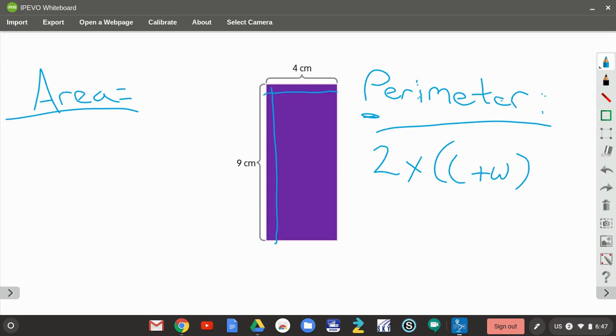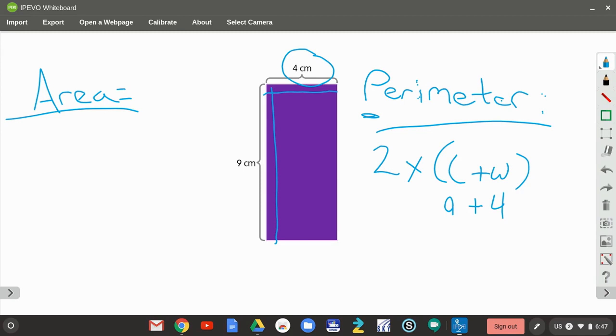There's a couple different ways we could do this. If I'm trying to find the perimeter, my length in this case is 9 centimeters and my width is 4 centimeters.